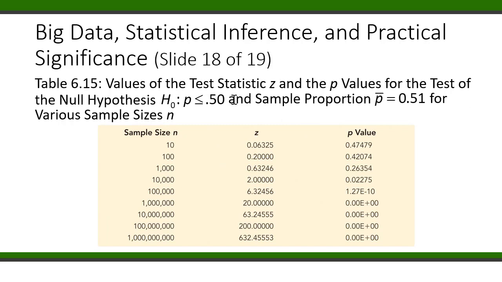Here we have the table for a proportion, not a mean, and we can see at 10,000, that becomes significant. That p-value will be less than alpha, if it's 0.05. And again, it's just a 1/100th difference.